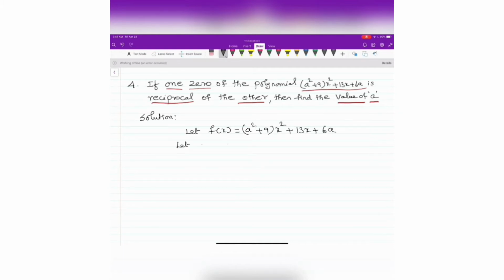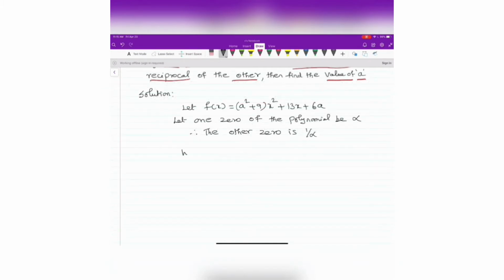Let one zero of the polynomial be, that is given polynomial be alpha. Therefore, the other zero is 1 by alpha.